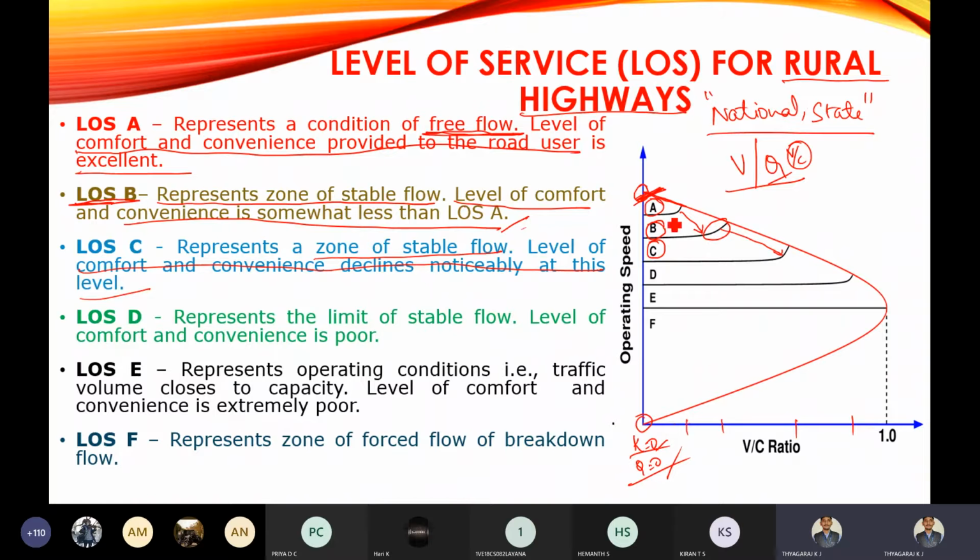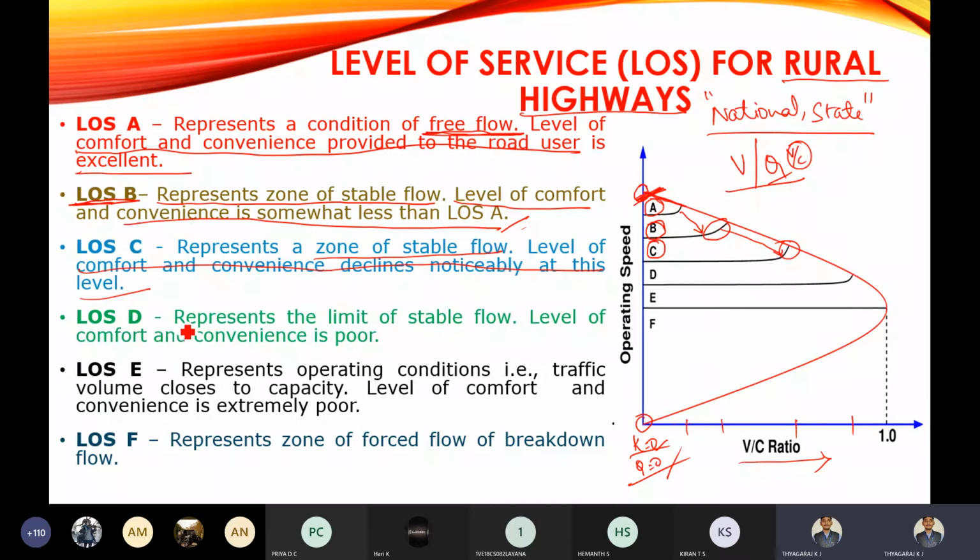We can observe here that as the density, that is the volume to capacity ratio, increases, the speed keeps on decreasing, and at this point the level of service C is measured, where the comfort and convenience declines noticeably.